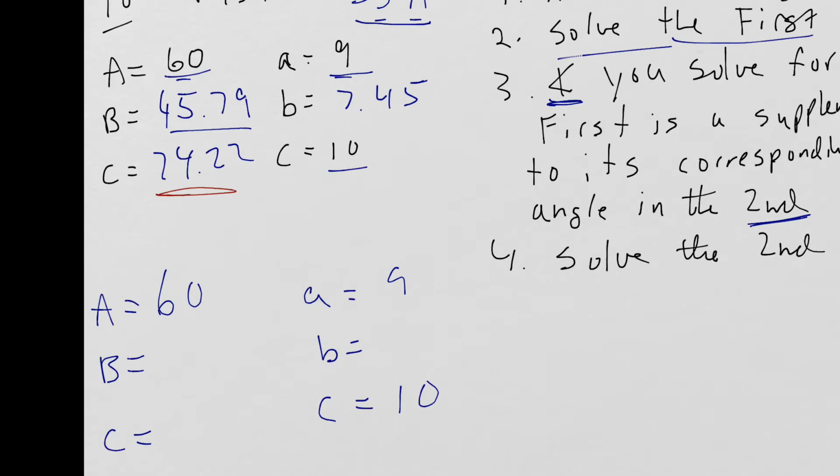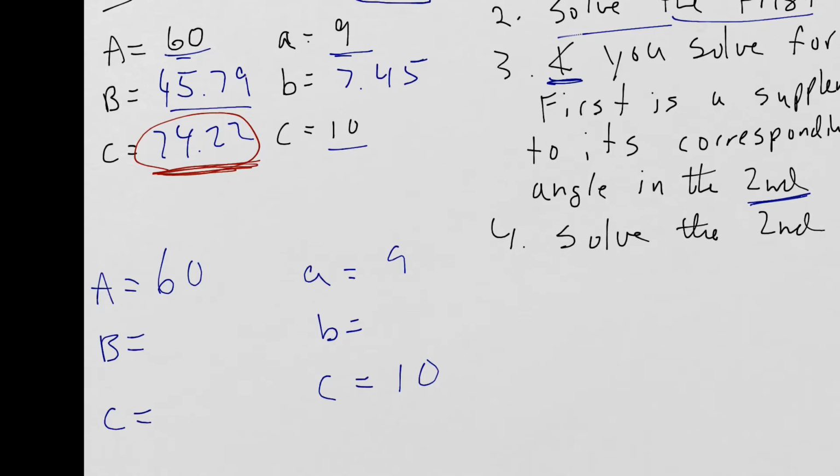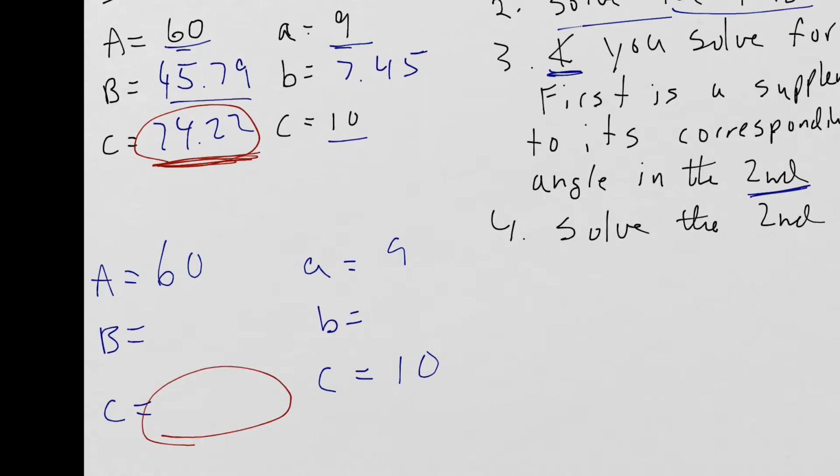We solved for C. Okay, depending on the numbers, it could have been B or C or even A in some scenarios, but in this case it was C. Okay, so if there is another triangle, this C and this C will add to 180 because this is the first angle we solved for. So I'm gonna take 180 minus, I have it stored as C, 105.79.